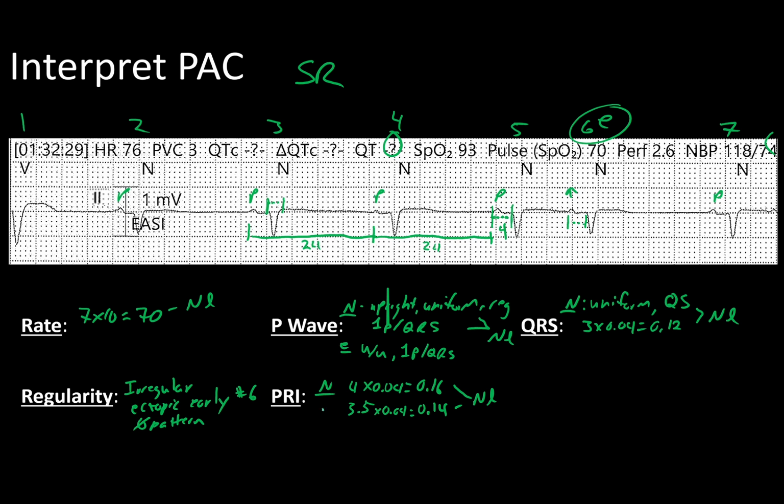So that's good there. And then last but not least, my extra beat is uniform. In fact, it matches because it has the QS pattern. And then when I measure this out, it's just about 2.5 or so.